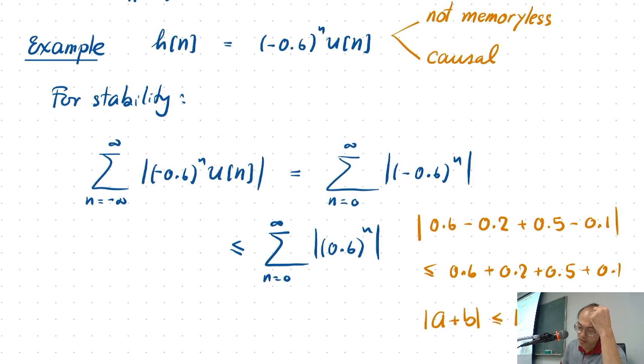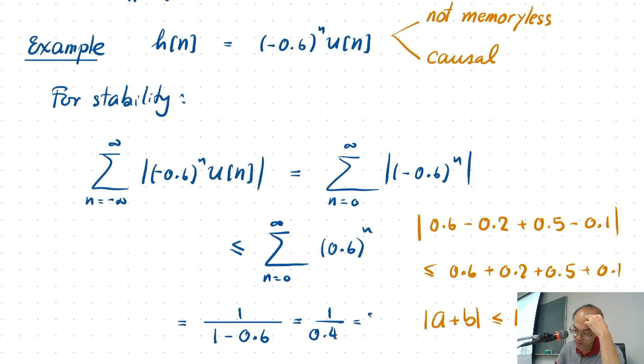I don't have to put the absolute symbols here because I know that 0.6^n is always positive, so I can drop the absolute symbols. Then this summation is equal to 1 over 1 minus 0.6, which is 1 over 0.4, and that is 2.5.